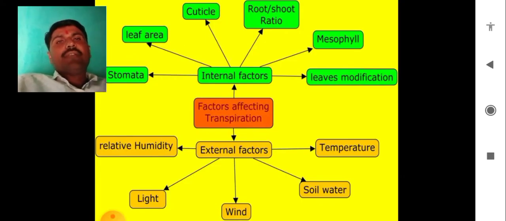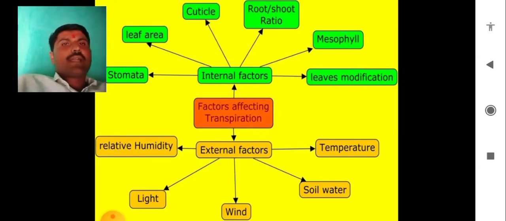For example, comparing the leaf of Tectona grandis and the leaf of Azadirachta indica, the leaf size of Tectona grandis is very big and large, whereas the leaf lamina of Azadirachta indica, commonly called the neem tree, is comparatively very short.